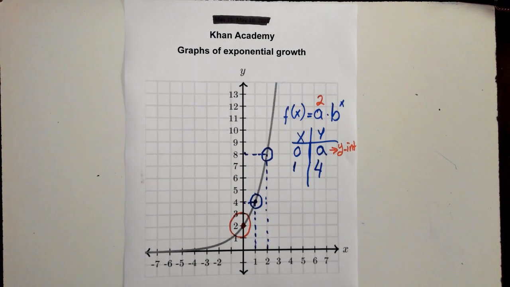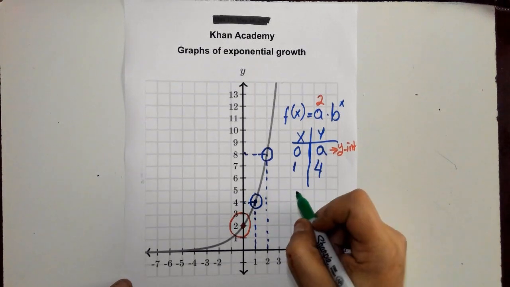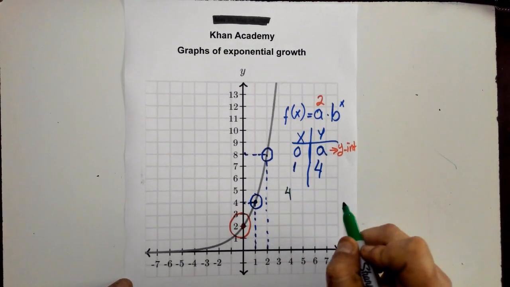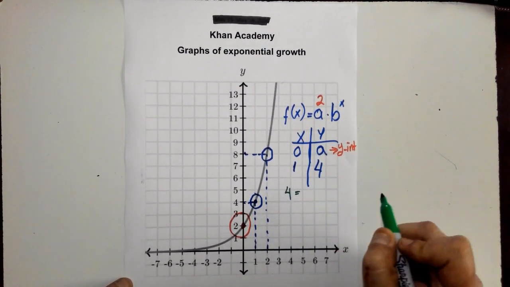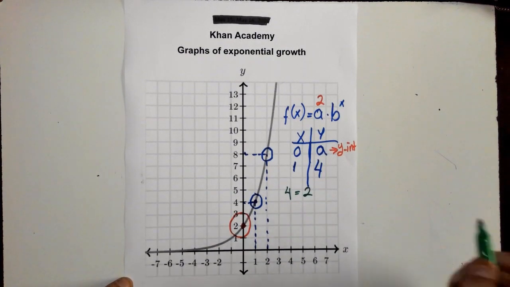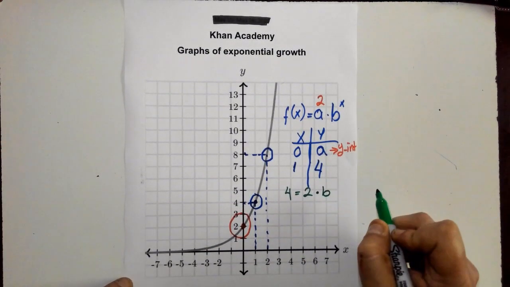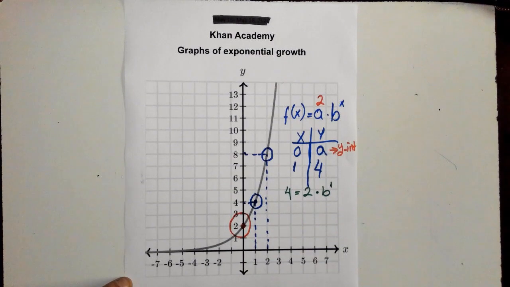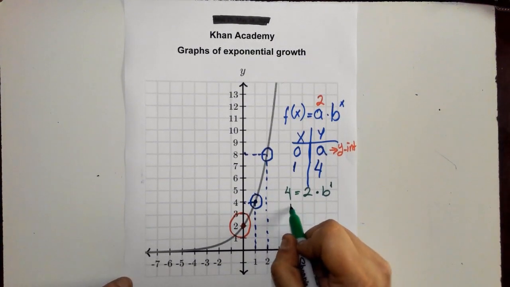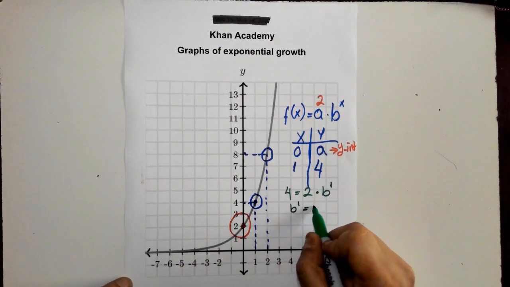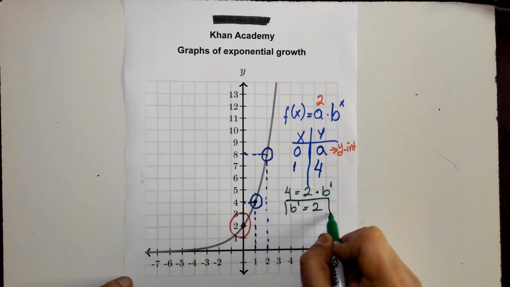I'm going to grab a different color and start with that. So my y equals 4 when a equals 2 and b to the first power. If I solve this, b to the first power equals 2.